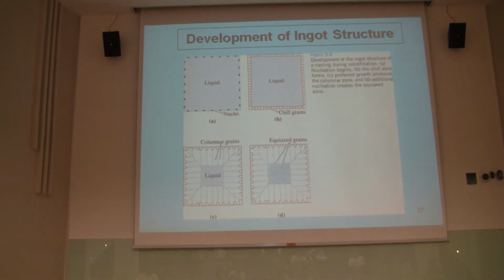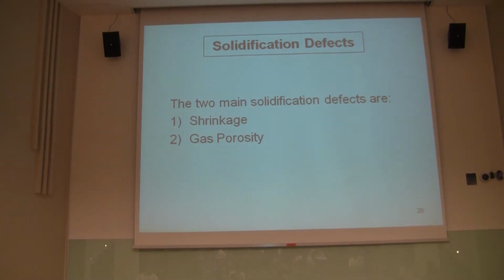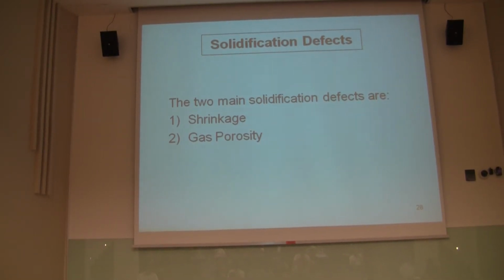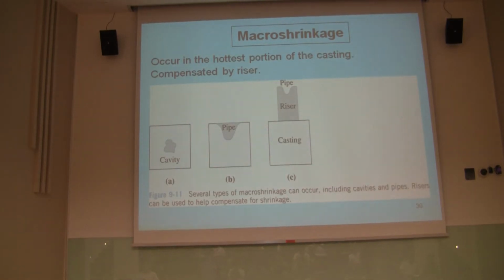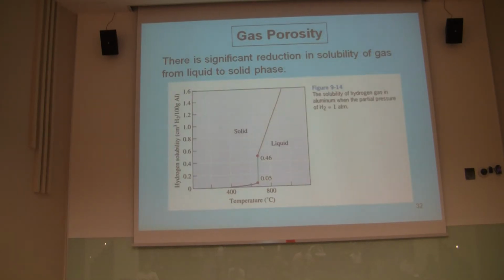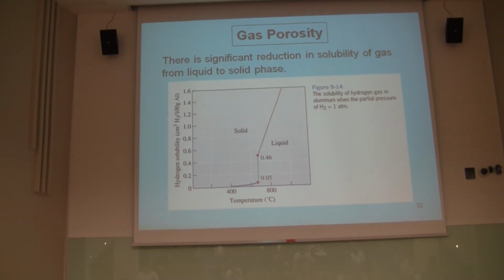Then the two defects, we have shrinkage defect and gas porosity. For shrinkage, you use a riser. For gas porosity, you do degassing. Degassing means you use inert gas, or you do vacuum degassing.